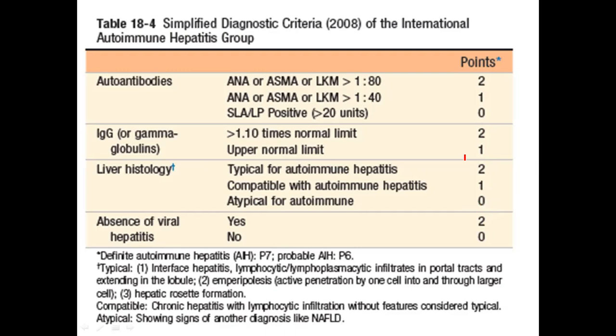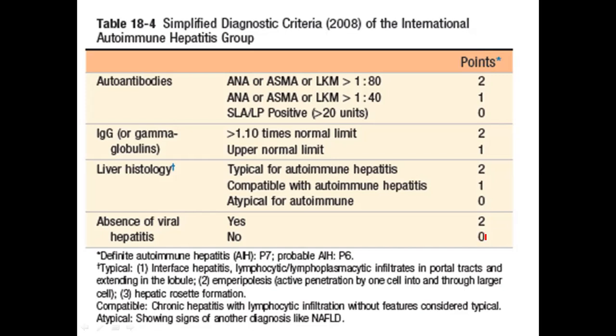If you analyze this diagnostic criteria, the maximum score is 8. If viral factors are absent, the score becomes 2, and if any viral serological marker is present, the score becomes 0. So in the presence of viral serological markers, the maximum score would be 6.